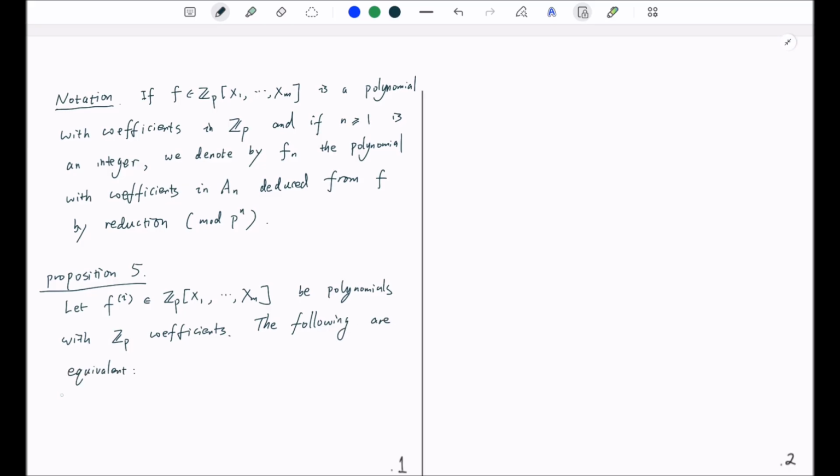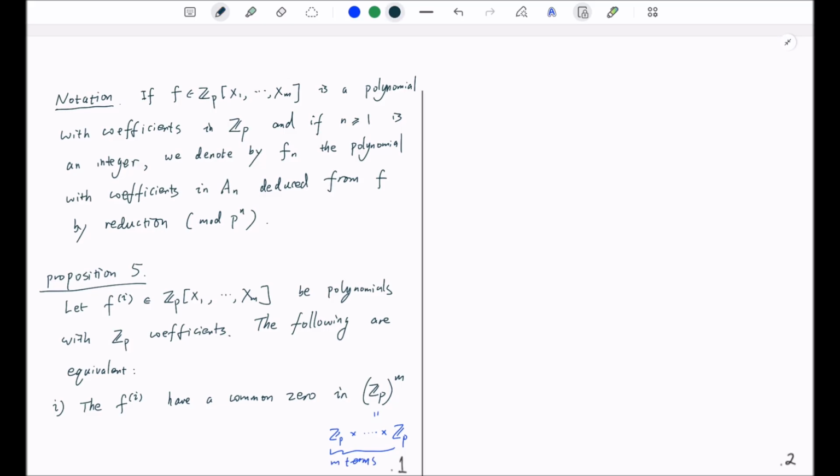The first statement says that this family of polynomials has a common zero in Z_p^m. What I mean by this is the Cartesian product of Z_p's, where there are m factors.